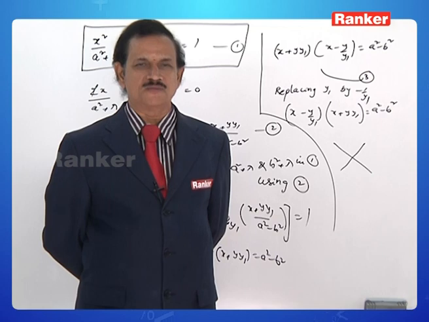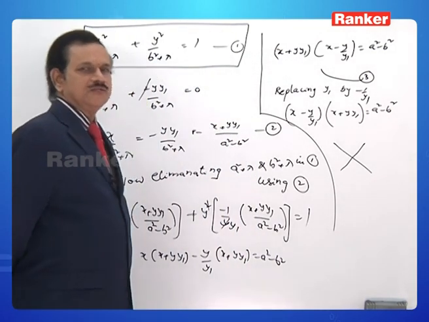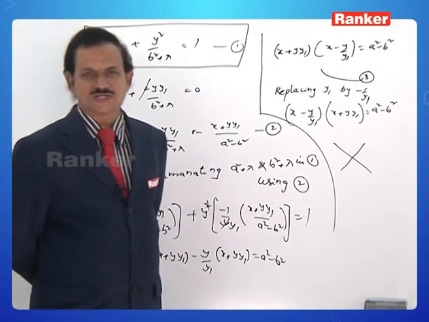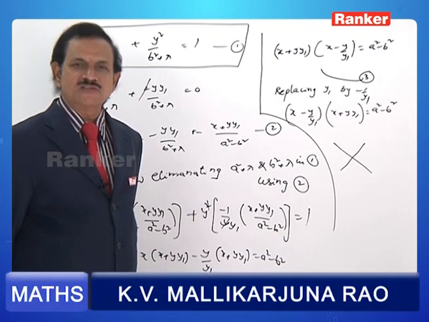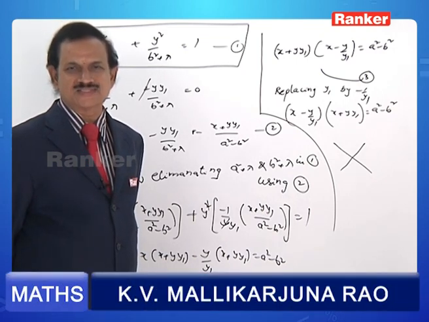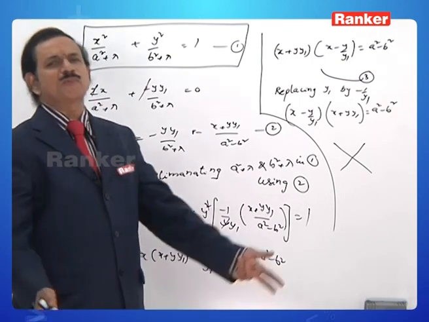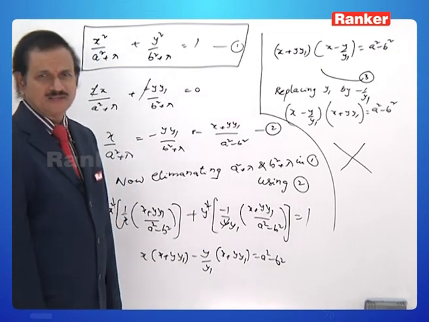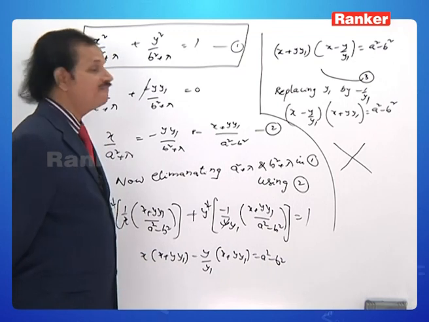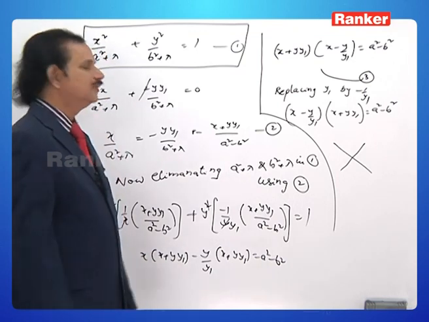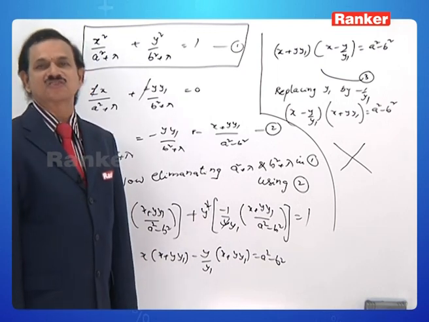Yes, that is what we mean by self-orthogonality. That is, if at all you try to find the equation to the orthogonal trajectories of the given family, the differential equation of the orthogonal trajectories and the differential equation of the given family, they coincide. You need not proceed further, isn't it? In such a case, we say that the given system is self-orthogonal. This is the matter about orthogonal trajectories.